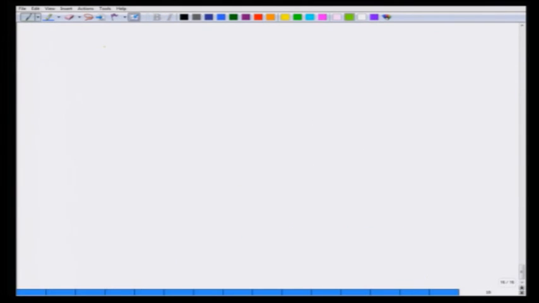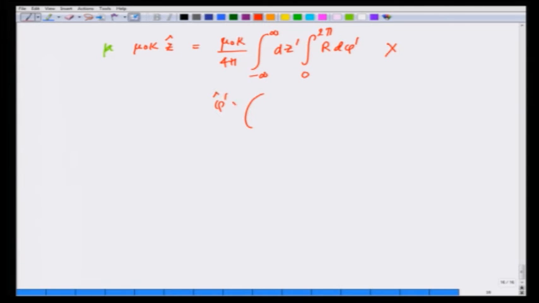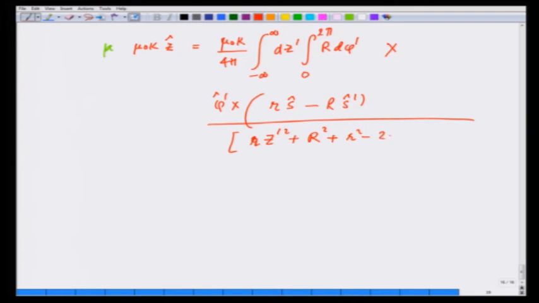So, I am left with B, which is mu 0 k in the z direction, equal to mu 0 k over 4 pi integral dz prime from minus infinity to infinity, integral R d phi prime from 0 to 2 pi times phi prime cross (r s minus R s prime) divided by z prime square plus r square minus 2 r R cosine of phi minus phi prime raised to 3 by 2.